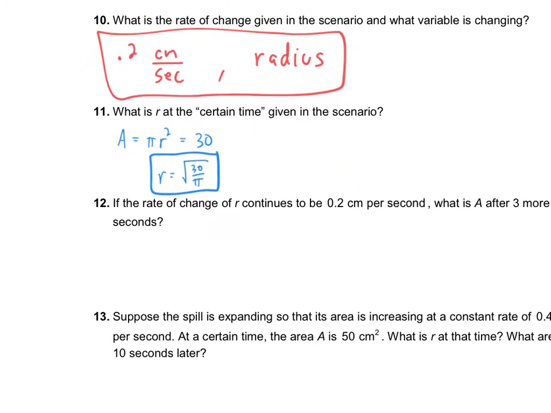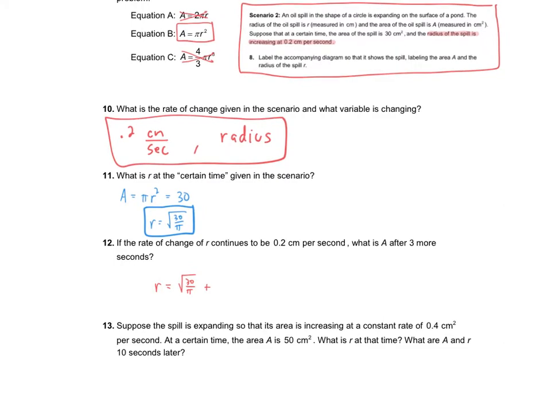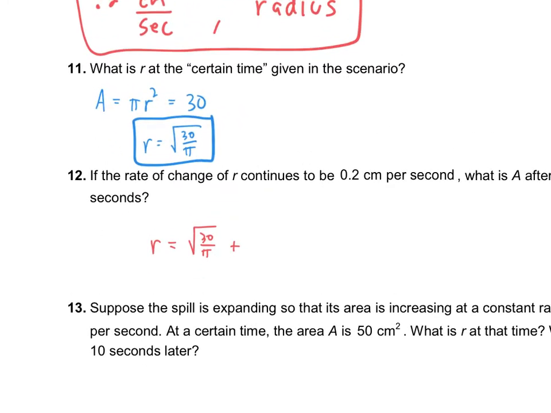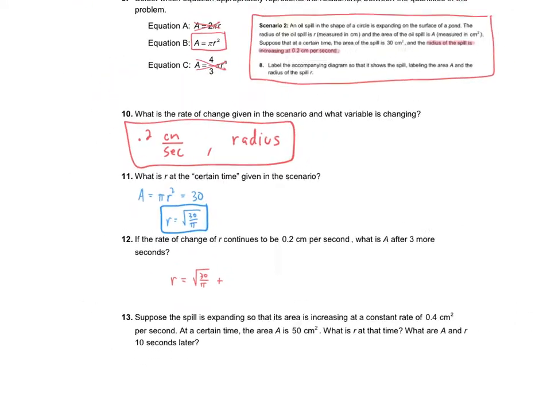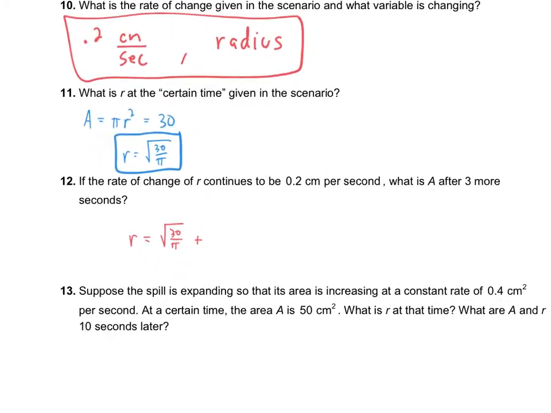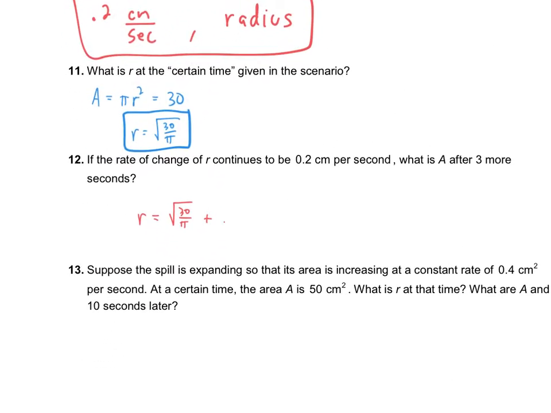Okay, so now the new radius would be R plus, what was it, 0.6? 0.2 centimeters per second, yeah. Oh, wait, they tell you there: 3 more seconds, so yeah, 0.6. 3 seconds at 0.2 per second.